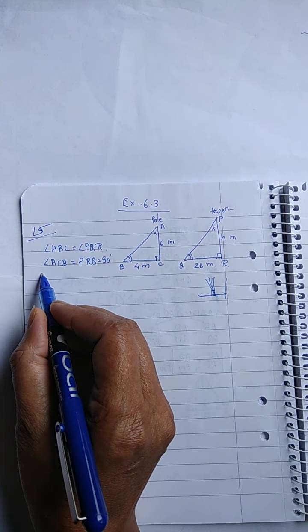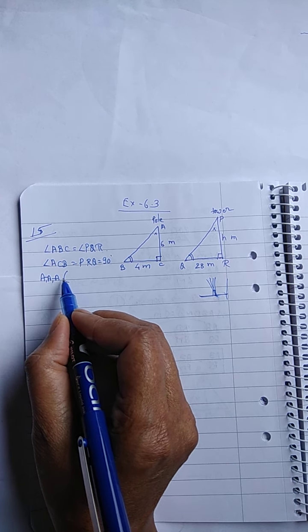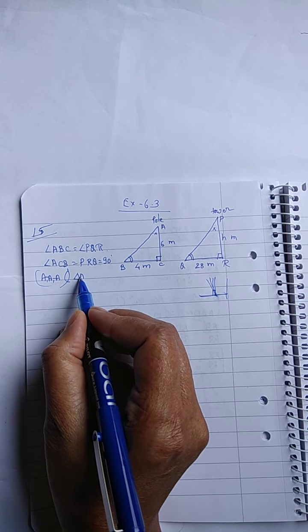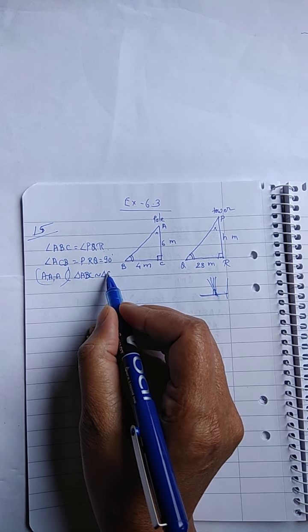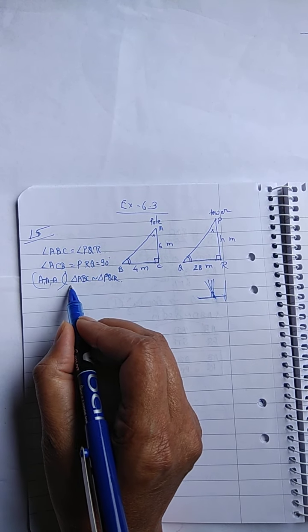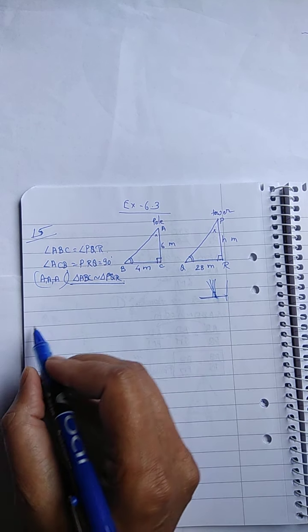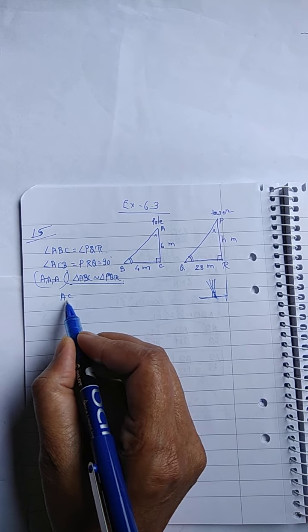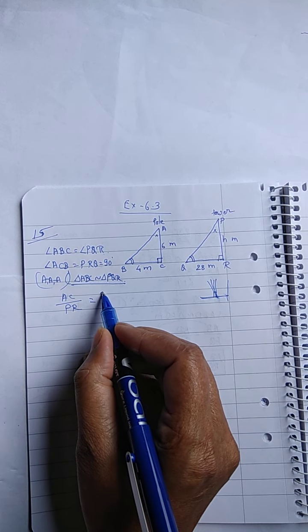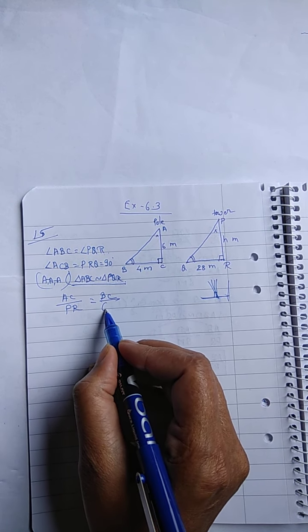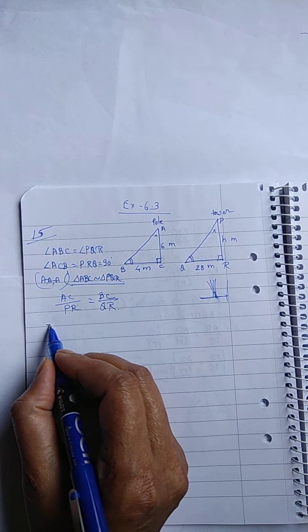So according to the angle similarity criteria, both the triangles, triangle ABC will be similar to triangle PQR, right? If those two triangles are similar, then their corresponding sides are proportional. So we will take AC by PR equals BC by QR. Fine, no need for the third side. So what is the AC value?